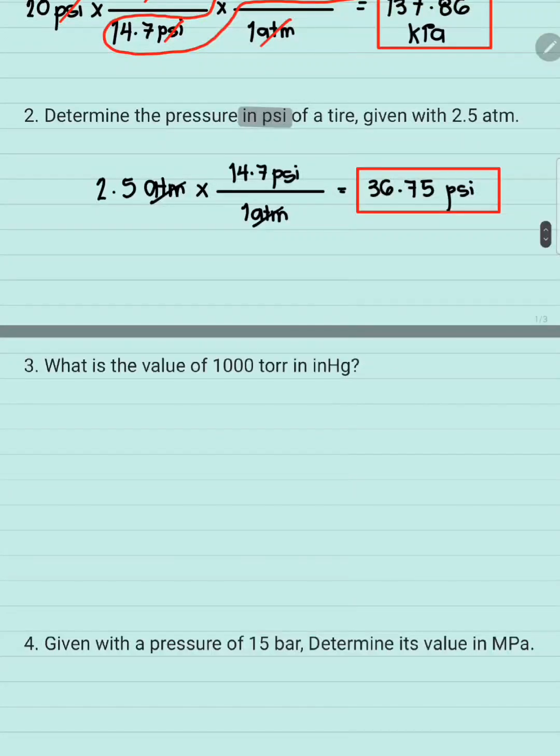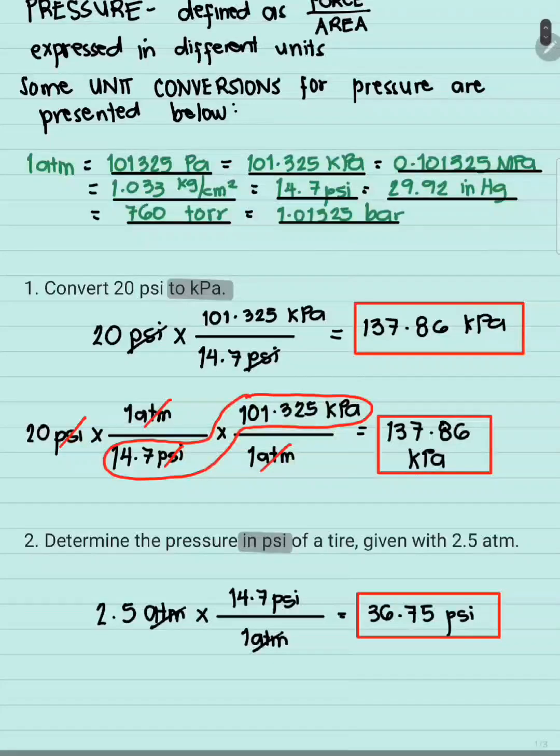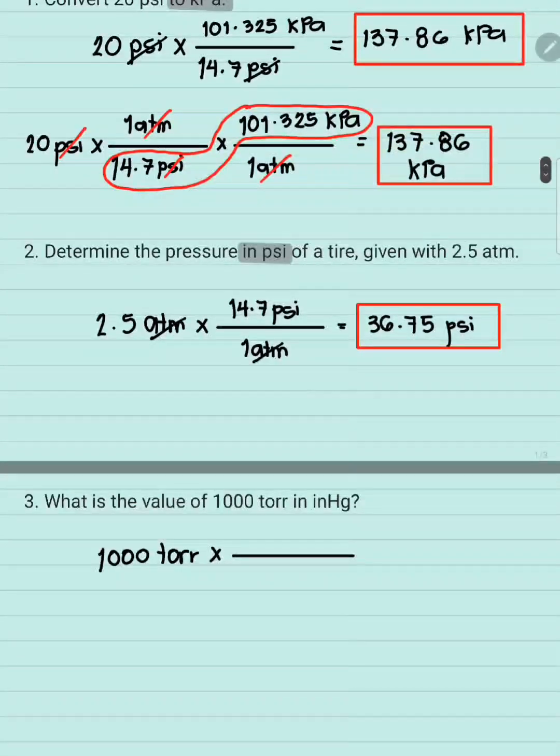Okay, let's solve problem number 3. What is the value of 1000 torr in inches of mercury? We have 1000 torr given. Let's take a look at the unit conversions given.